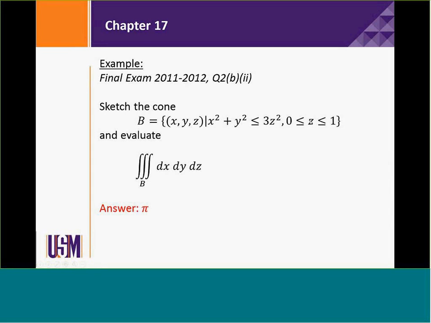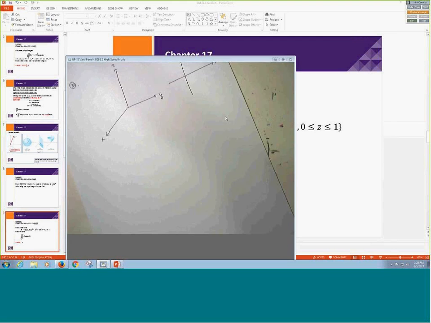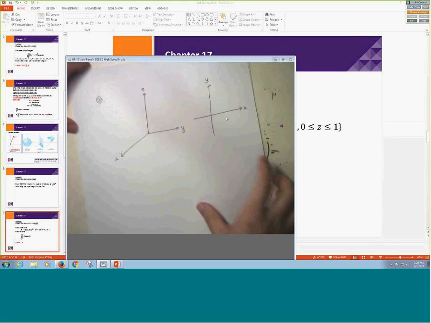And then z from 0 to 1. Now it is only the upper part, because your z is only positive. Although the square root is not put there, because of this, it is the upper part of the xy plane. And then evaluate the integral of 1 dx dy dz. The answer is pi. Now let's sketch the cone first.